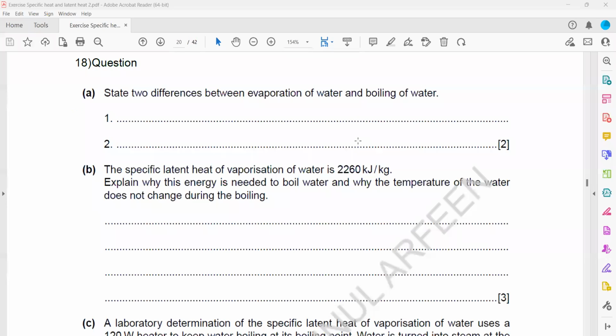And evaporation happens only at the surface. Absorbing energy will affect the result, but it won't affect the result too much as compared to energy lost to the surroundings. When it loses energy to the surroundings, the results have a greater difference between the practical and experimental value.